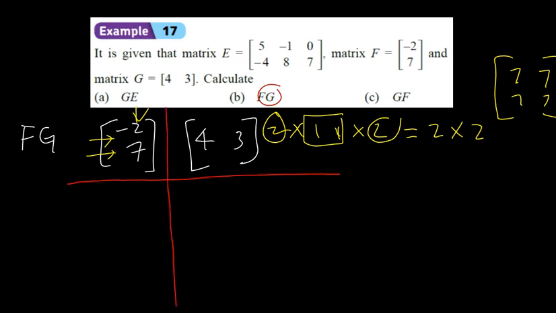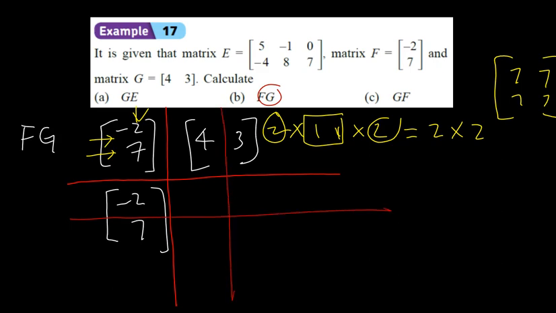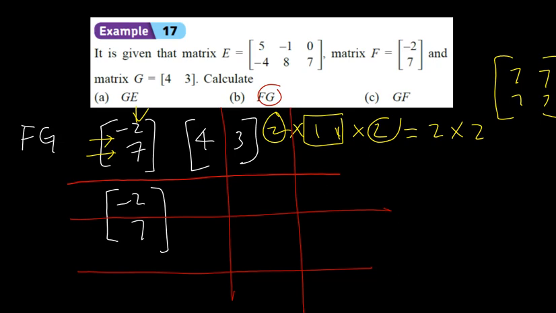I write back the matrix -2, 7 with this one. And then I make this table. So this is the matrix that you get. Okay, we start.